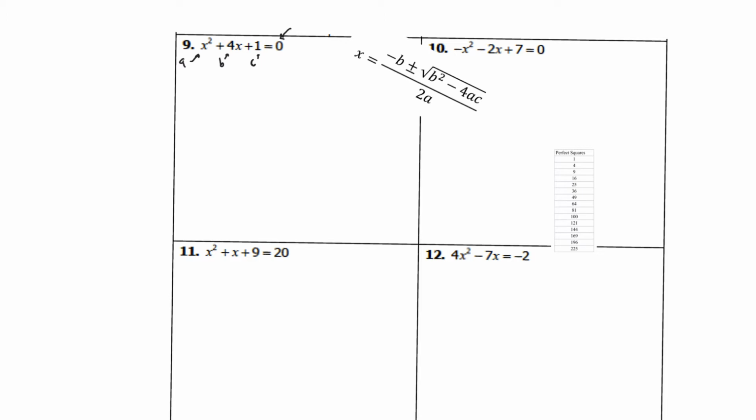So again, x equals opposite b plus or minus square root b squared minus 4ac all over 2a.